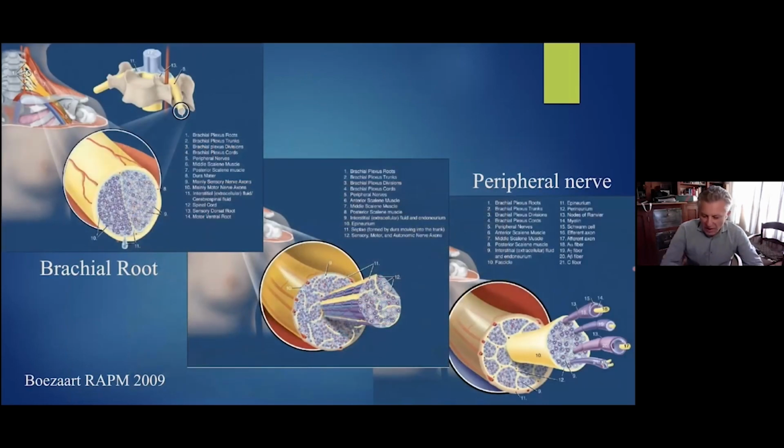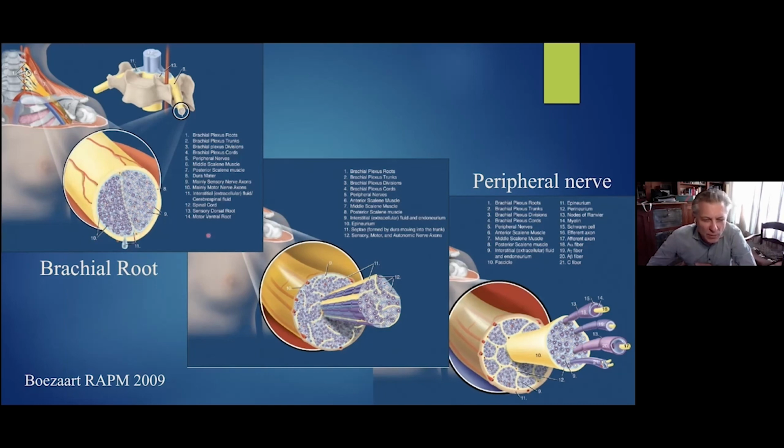When we look at the left side, we have a brachial root with in front the motor nerves, and posteriorly the mainly sensory nerve axons. It is surrounded by dura mater, and in between, we see cerebrospinal fluid.